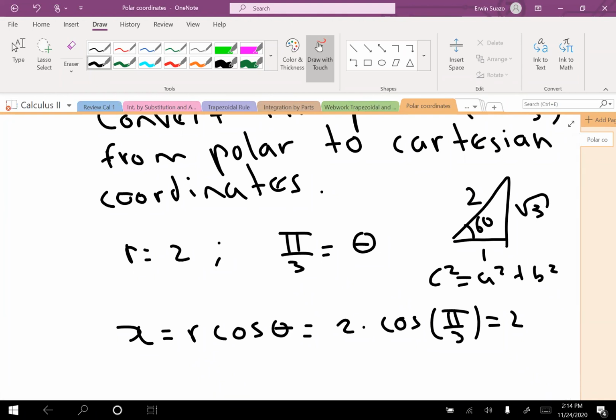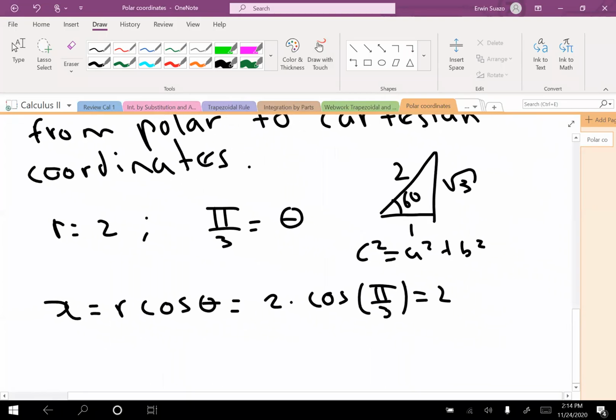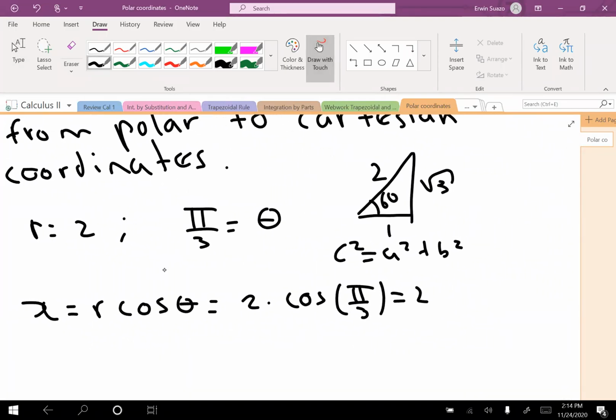So that's good. Cosine of pi thirds, that is 60 degrees, is adjacent over hypotenuse, so that'll be one half. So x should give you 1.